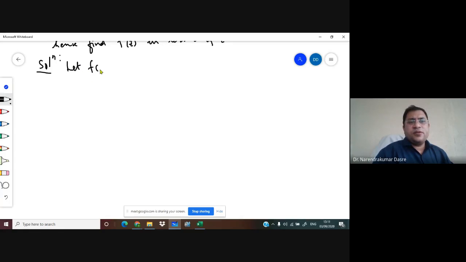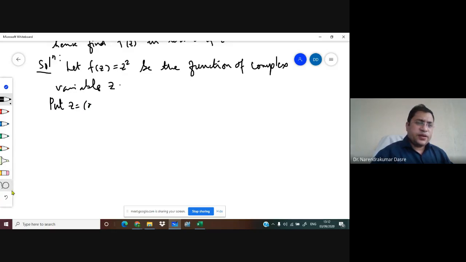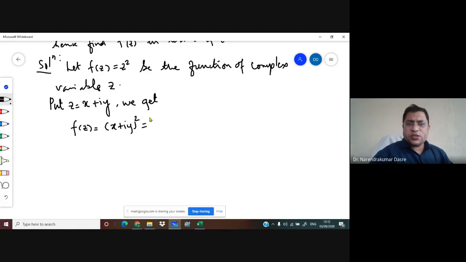Let f of z is equal to z square be the function of complex variable z. If I want to separate the real part and imaginary part, then I have to put z is equal to x plus iy. Then f of z is equal to (x plus iy) whole square.